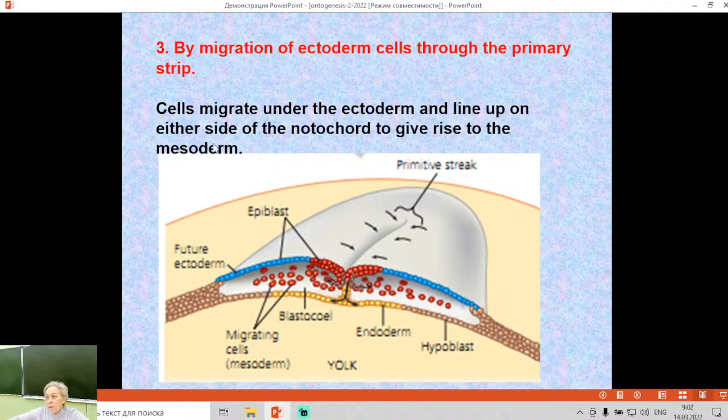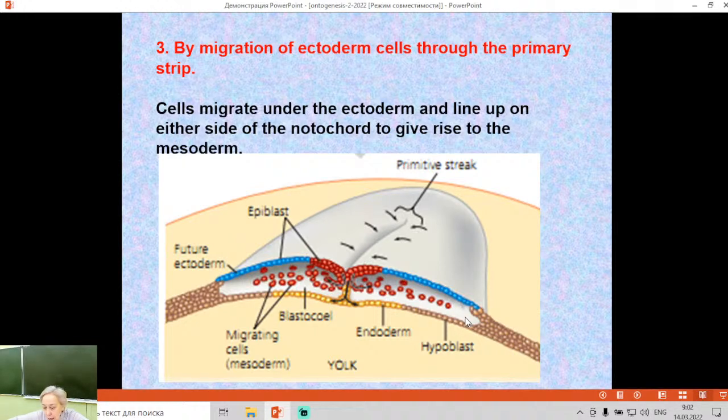And the third way of mesoderm formation is by migration of ectoderm cells through the primitive streak.